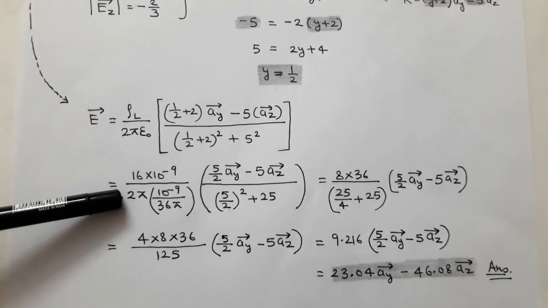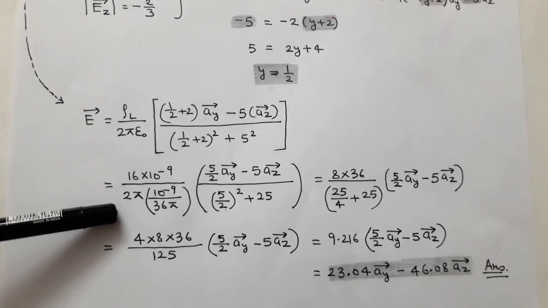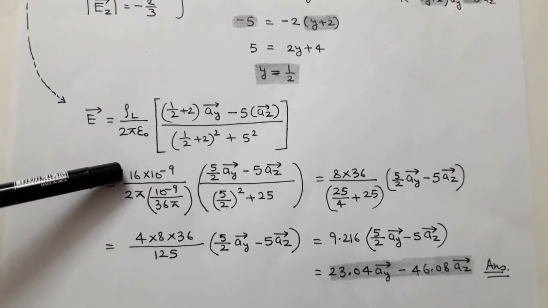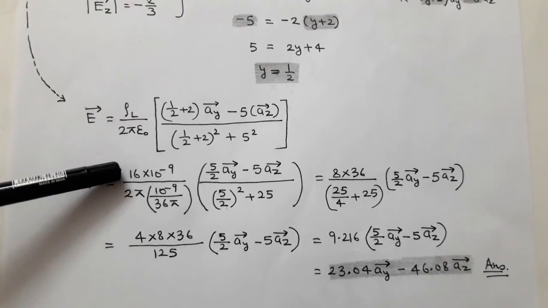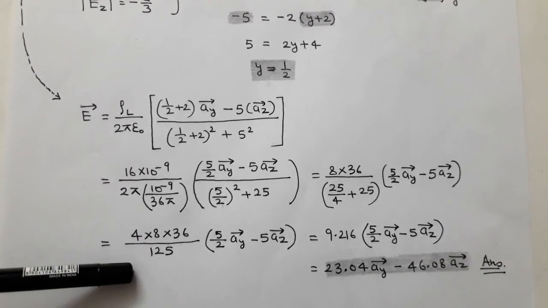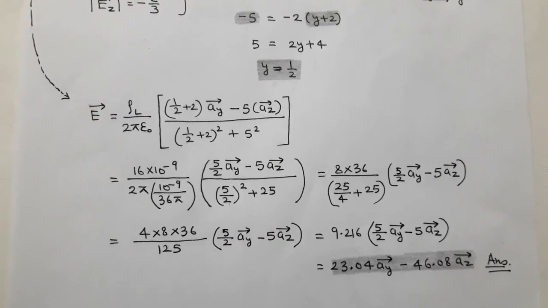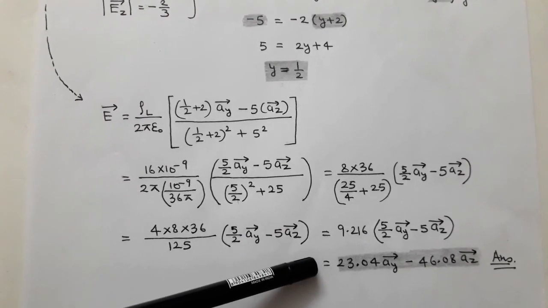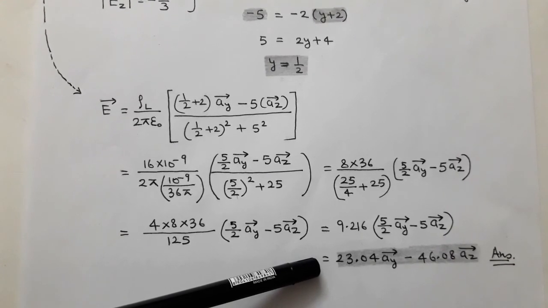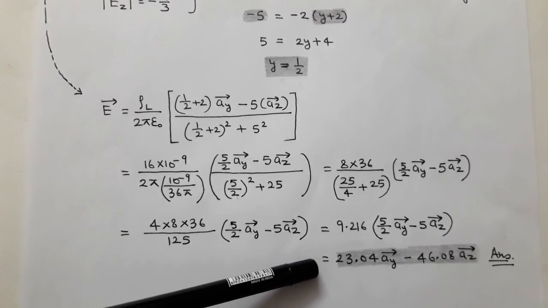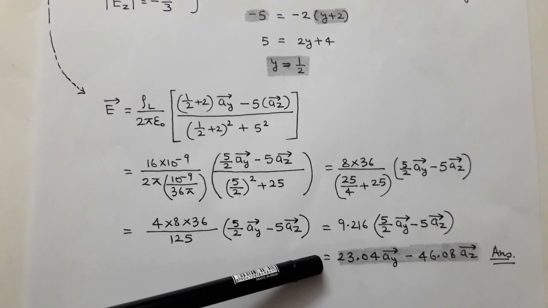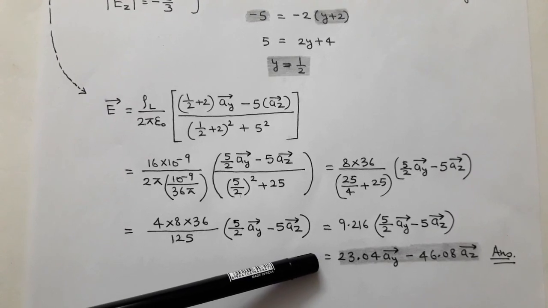After putting the values of rho L, that is 16 into 10 to the power minus 9, and epsilon naught is 10 to the power minus 9 upon 36 pi, we simplify it, and then we get the electric field intensity E on the z equals to 0 plane, which is 23.05 unit vector y minus 46.08 unit vector z.